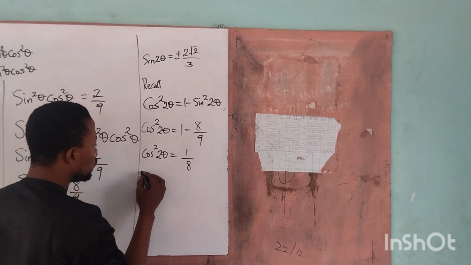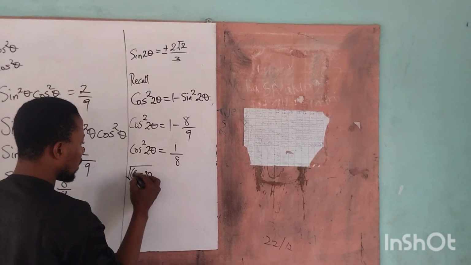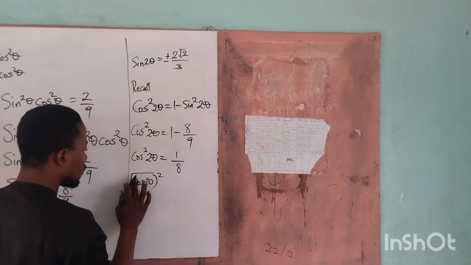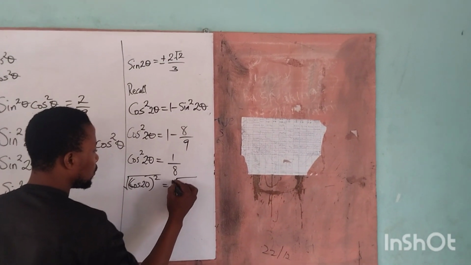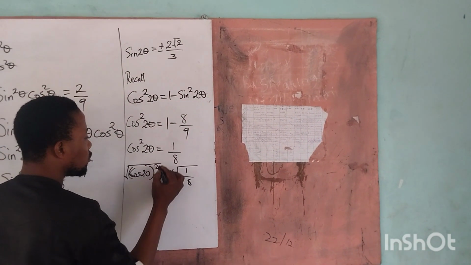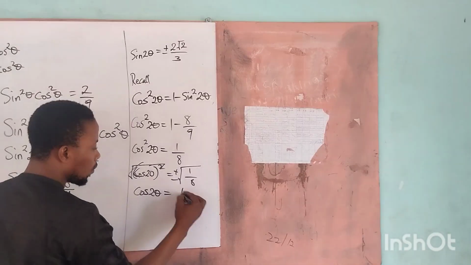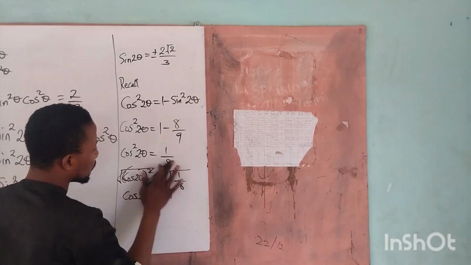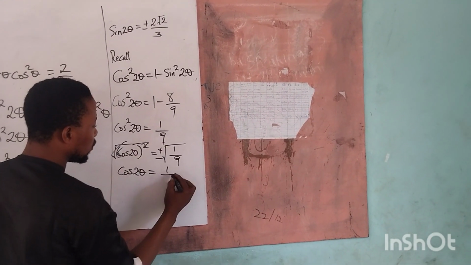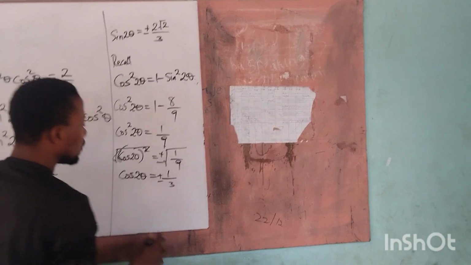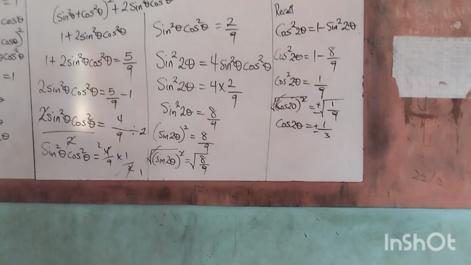If I find the square root, cos 2 theta is equal to 1 over 3.